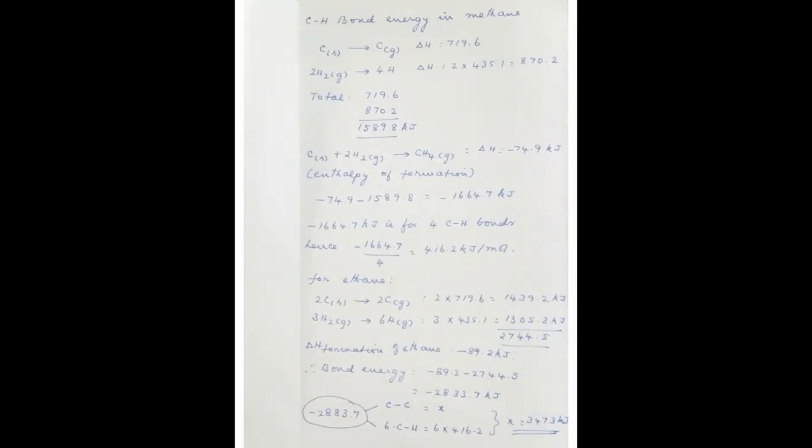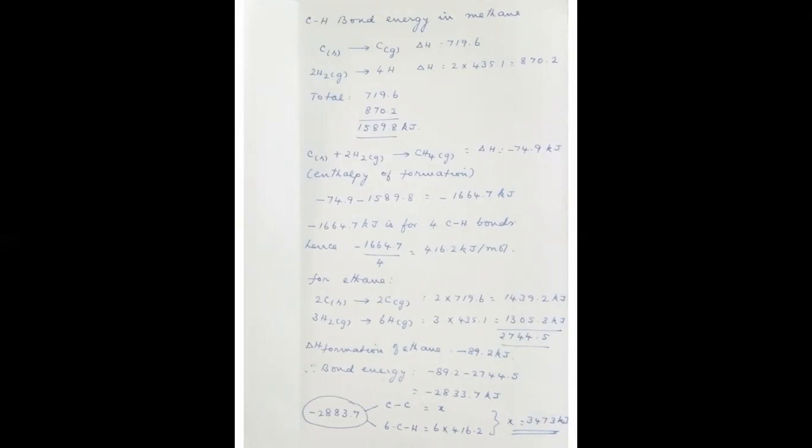But what happens now? You already know from various other data that the enthalpy of formation of methane is minus 74.9 kilojoule. Now you subtract the total energy spent to accumulate various atoms for the formation of this compound, which is 1589.8, from the enthalpy of formation.